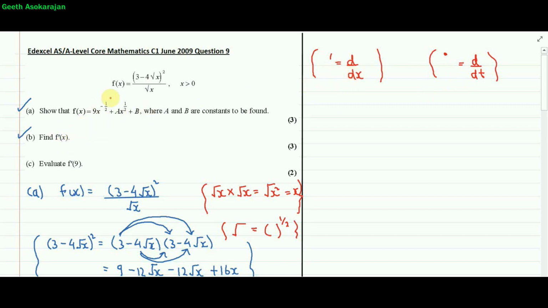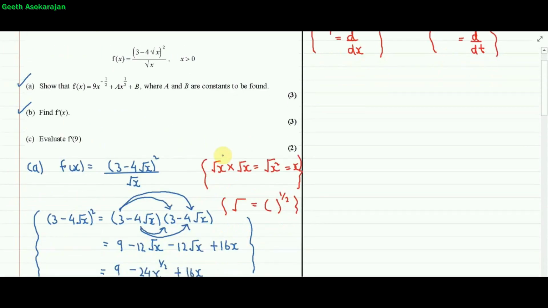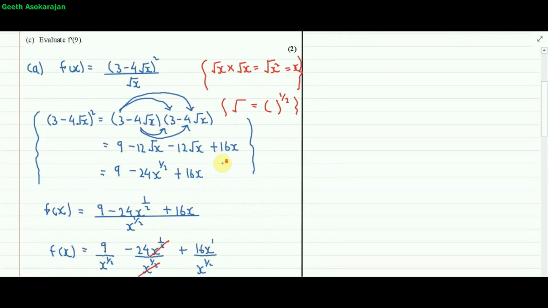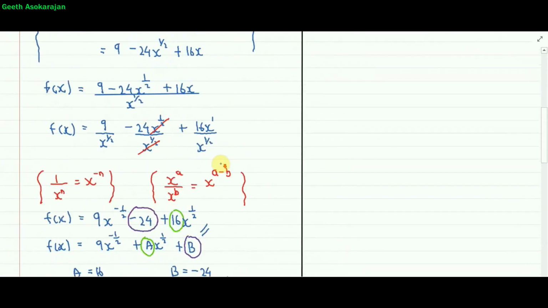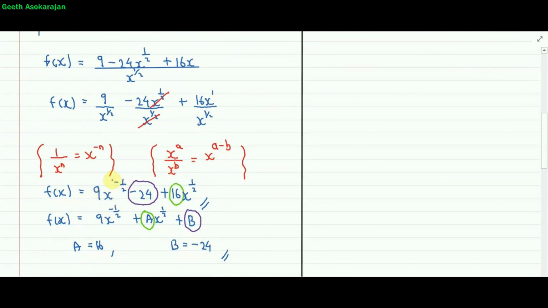So let's use our answer for f of x to work out f prime x. Let me copy down my solution for f of x. So we had 9x to the minus half minus 24 plus 16x to the half.